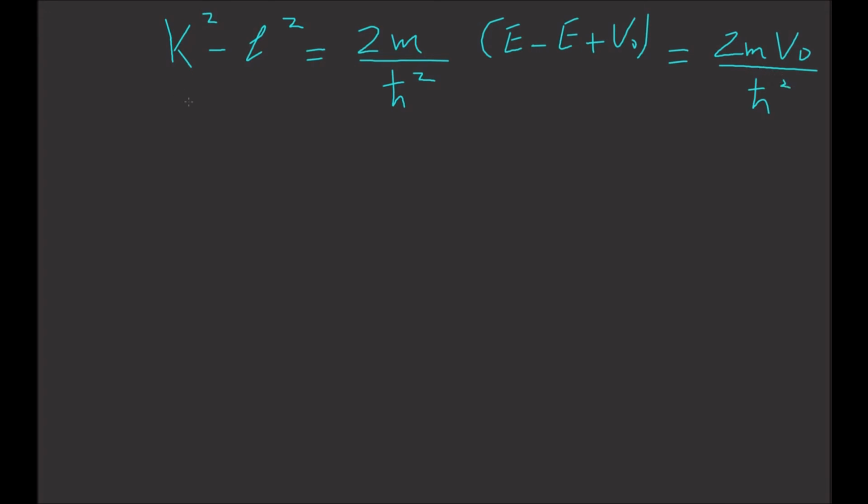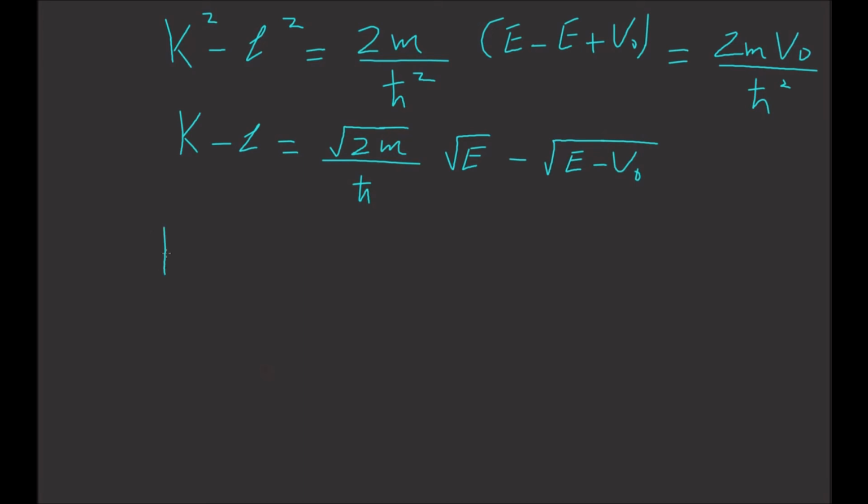We also know that k minus L is equal to the square root of 2m divided by h bar times the square root of e minus the square root of e minus v naught.